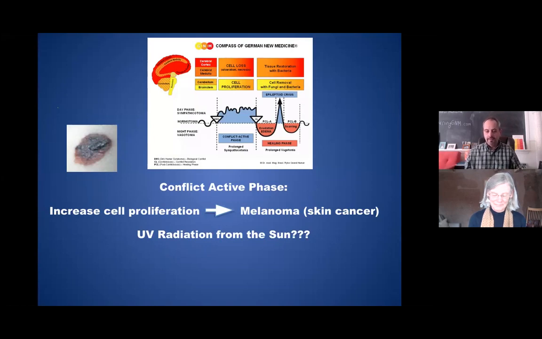Now, what about UV radiation from the sun? Does that cause skin cancer? Well, that's a very common theory floated around out there, that radiation from the sun causes skin cancer.